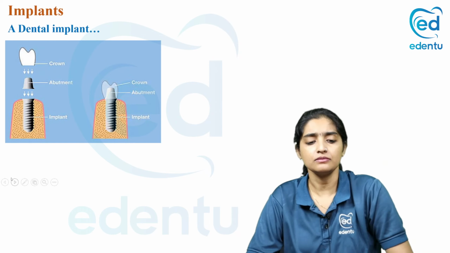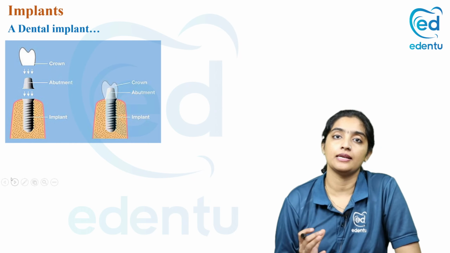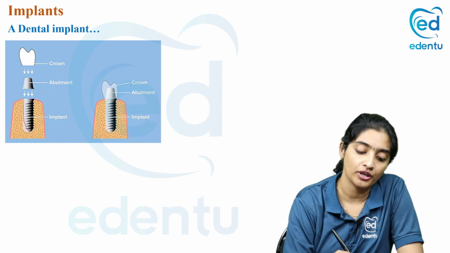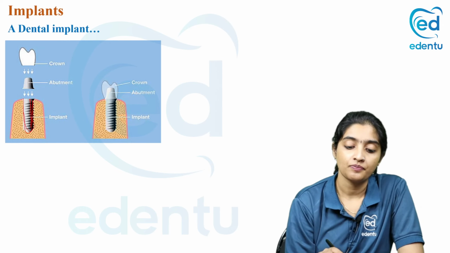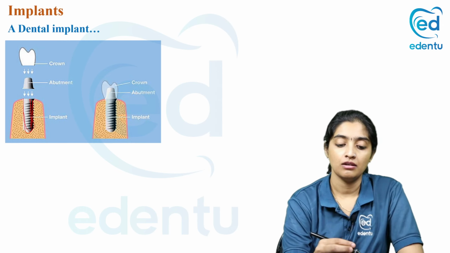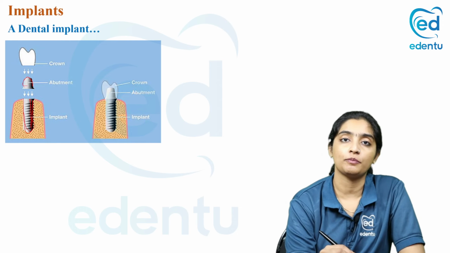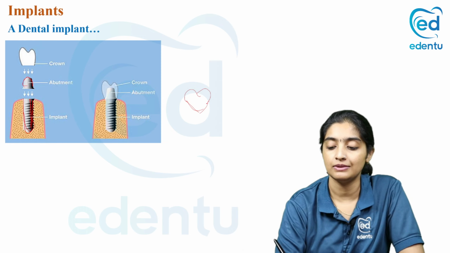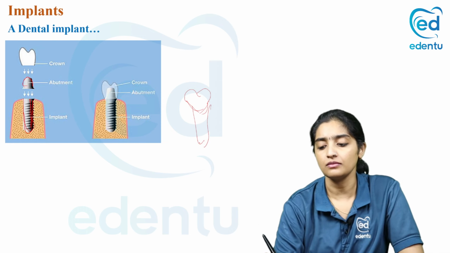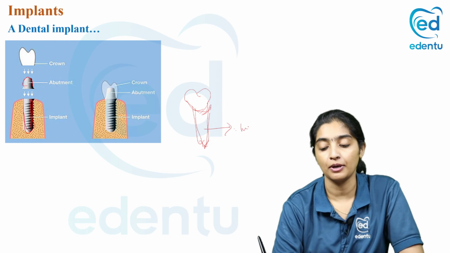So in a dental implant, what all comes in a dental implant? You have the implant body or the fixture, as you call it, which goes inside the bone. On top of that, you have something called an abutment. Then on top of that goes the crown. If this is a normal tooth, let's say a premolar tooth, this root portion is the replaced form of implant.